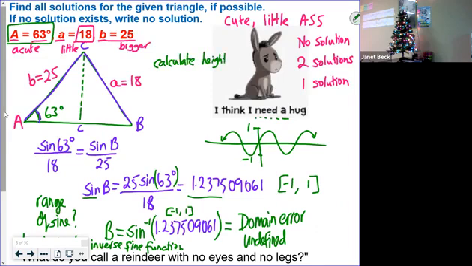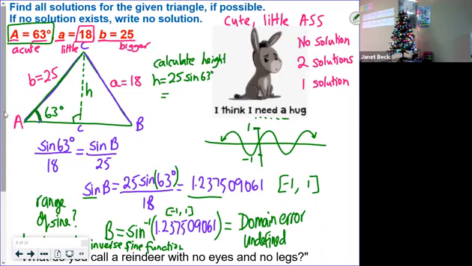And this is why we always say, put this one angle here, have this side here labeled, because then this height is opposite the angle 63, and the 25 is the hypotenuse of this little right triangle there. So your height would be the hypotenuse 25 times the sine of that angle.